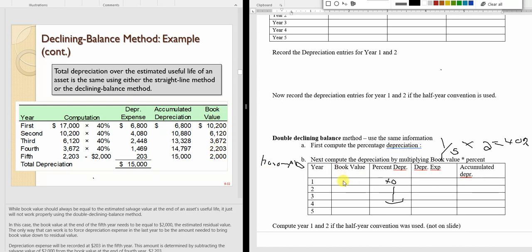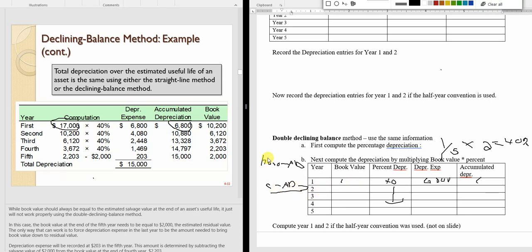In year one, my book value is $17,000 of cost minus 0 accumulated depreciation. My book value is $17,000. I multiply it by 40%, and I get $6,800 of depreciation expense. So my accumulated depreciation is also $6,800. Now I know book value is cost minus accumulated depreciation.